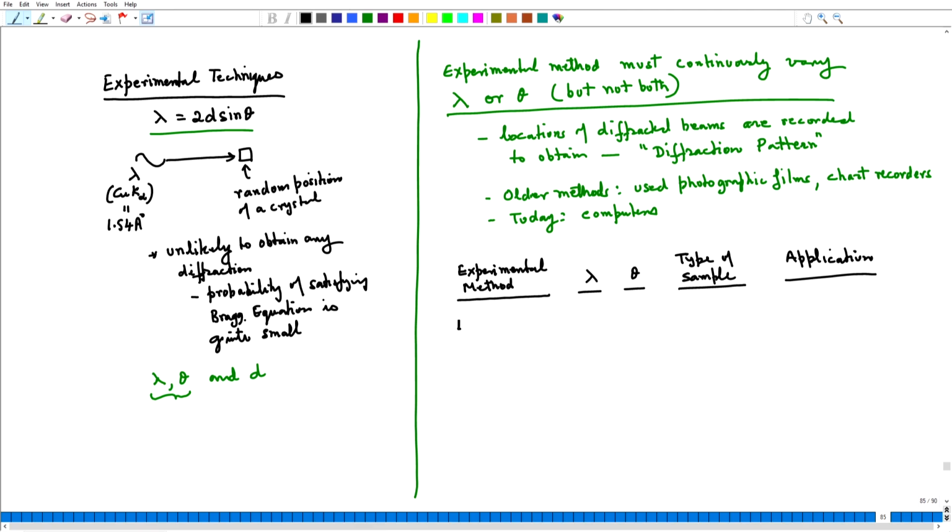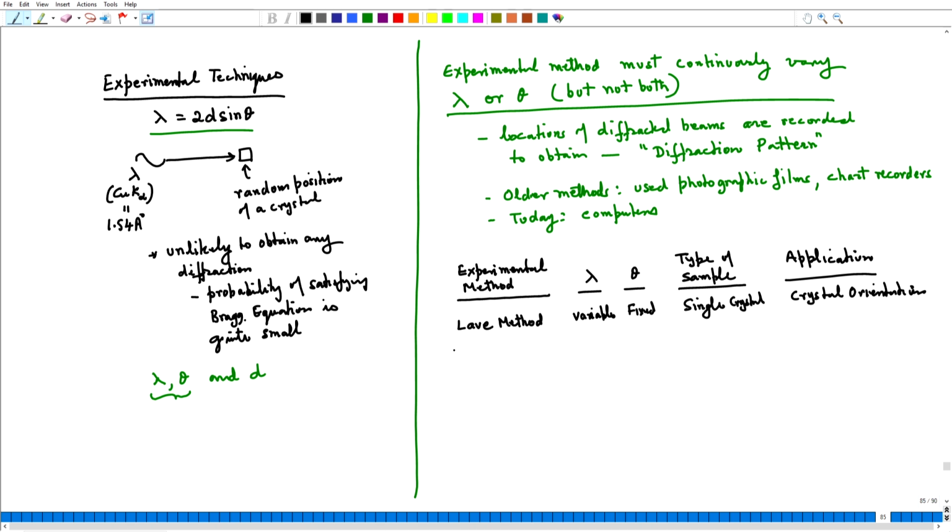One of the very old methods, Laue method, lambda is varied, theta is fixed, type of sample is single crystal. One of the major applications for this method is crystal orientation. So, if I have grown a crystal and I want to find out what is its crystallographic orientation, then I could use the Laue method.